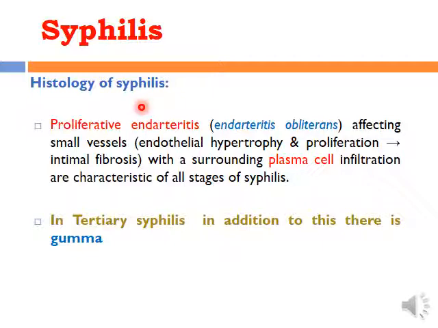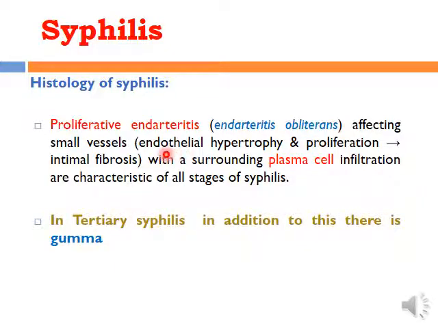The type of vasculitis in syphilis is called proliferative vasculitis, proliferative endarteritis, or sometimes endarteritis obliterans. That means there is inflammation of the blood vessels associated with obliteration of the lumen, so there is loss of function of the blood vessels.